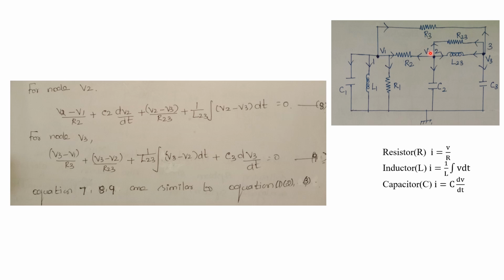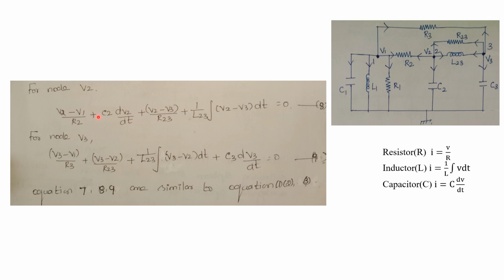Current flowing through the resistor will be V by R, that is V2 minus V1 divided by R2. V by R is nothing but the difference in voltage divided by R2. Here we have to consider this current because we are writing the equation for node 2: V2 minus V1 divided by R2. Then plus, what about the next current? If you are considering C2, the current will be C into dV by dt.